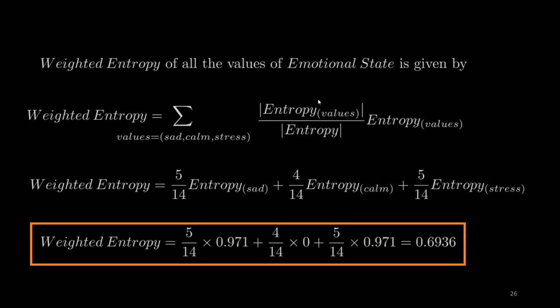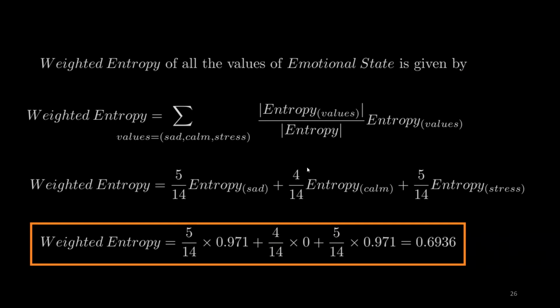Okay, so what is the weight associated with sad? What is the weight associated with calm? And what is the weight associated with stress? We have a total of 14 samples in our dataset. Out of these 14 samples, sad appears 5 times in the column of emotional state.